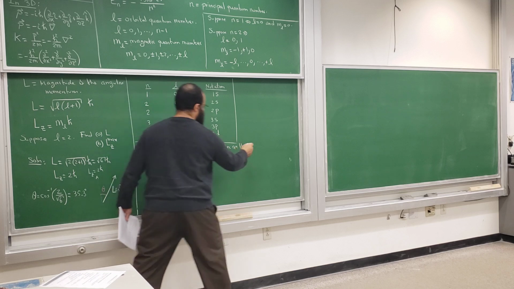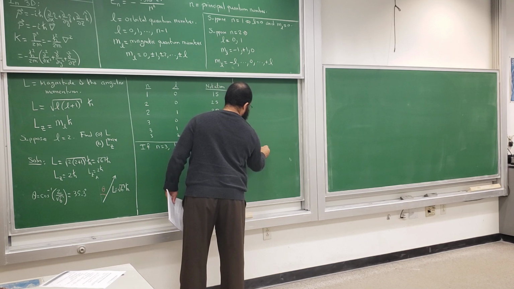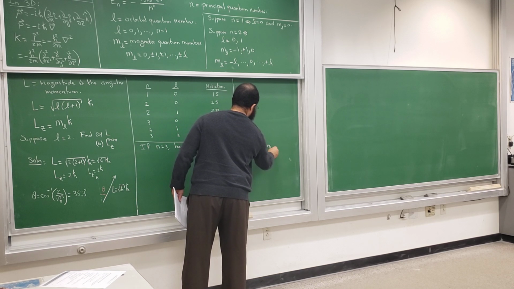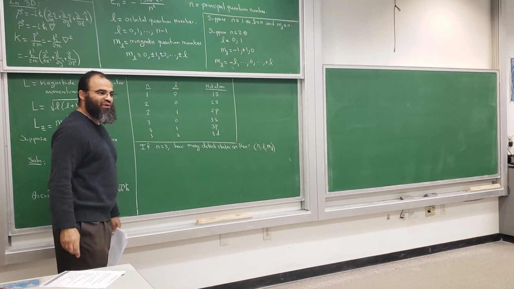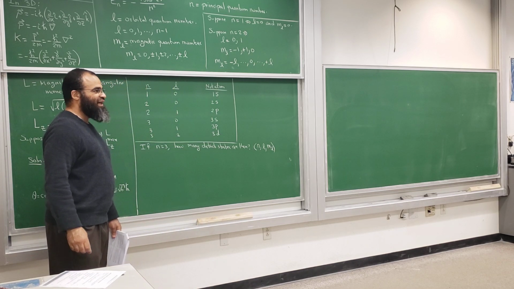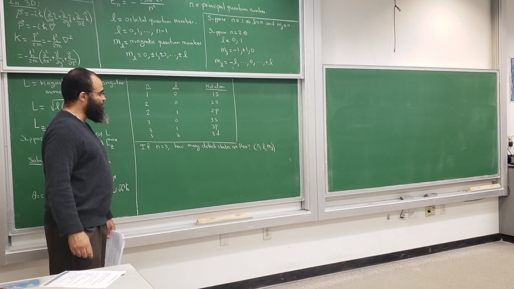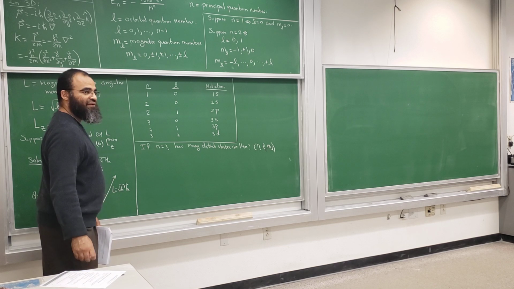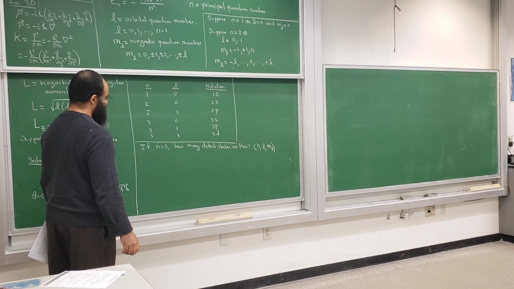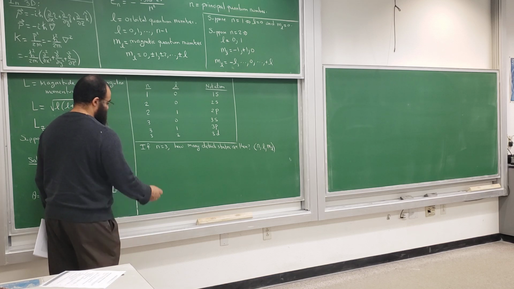What I mean by states, I mean labeled by n, l, and m_l. There is a fourth quantum number, which is the spin. I haven't mentioned it yet, but I will mention it later. Hopefully. So the different states are this.